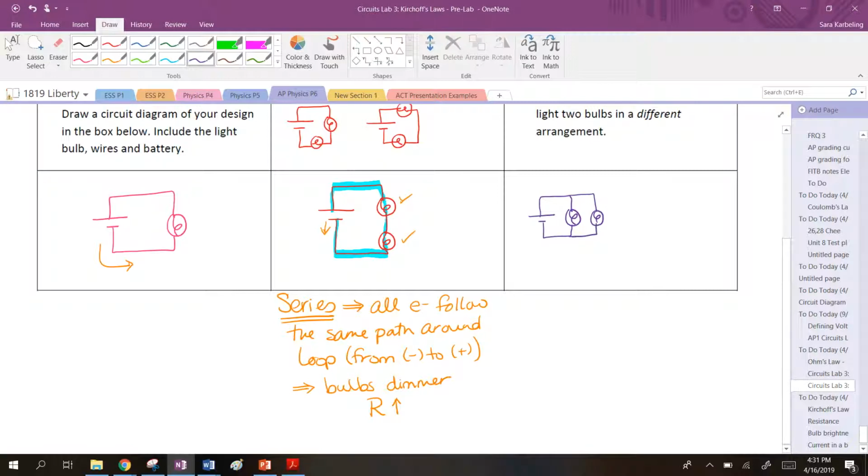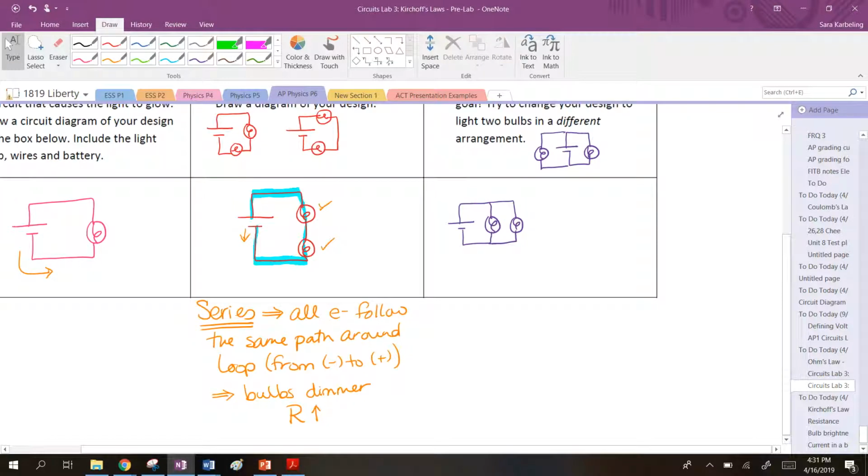So let me show you a couple of other options, things that you could have drawn. So there's your battery, and maybe you drew one light bulb like so, and then another one that went out like this. These two circuits are equivalent to me, okay? Any other way that you draw it so that all of the electrons follow one path or another, there are two separate paths. That's what we're looking for in this case, okay?